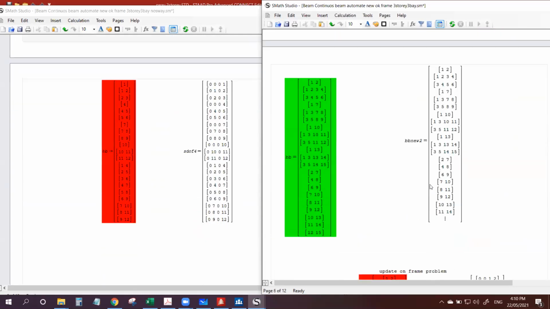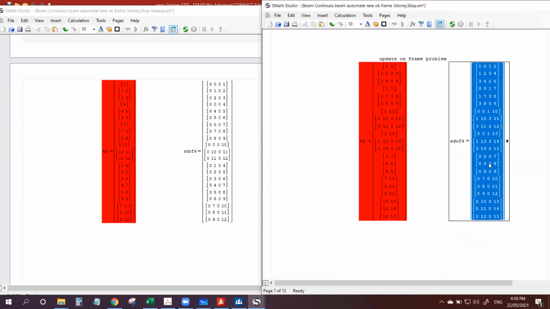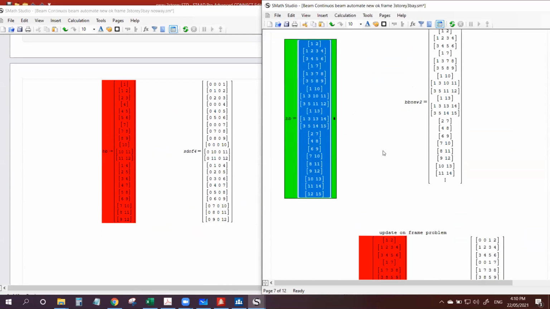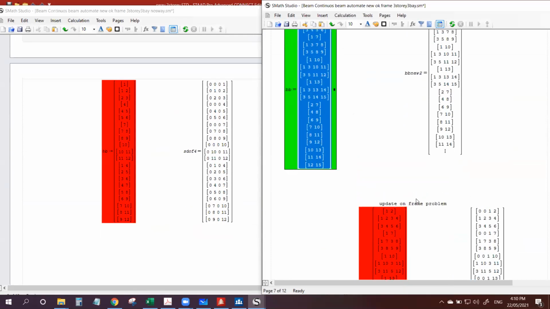And a similar story here, because my code is generating this. So I need to tweak it. I think 1, 2, 3, 4, 3, 4, 5, 6, 1, 7, 1, 7, 3, 8.